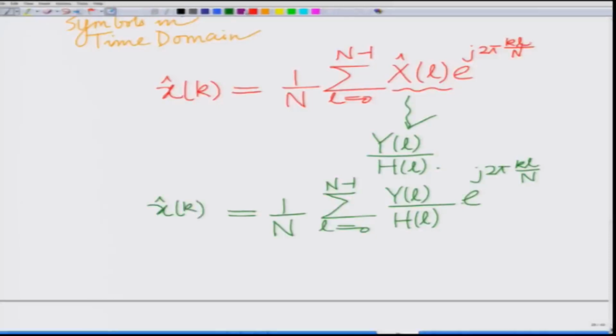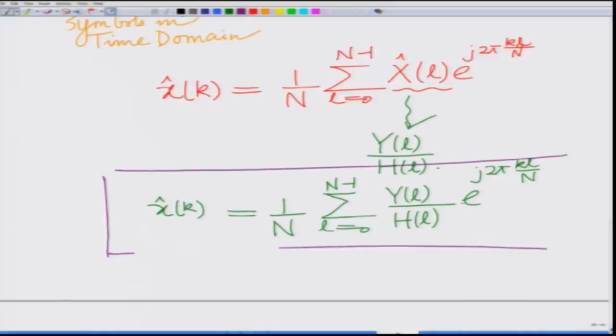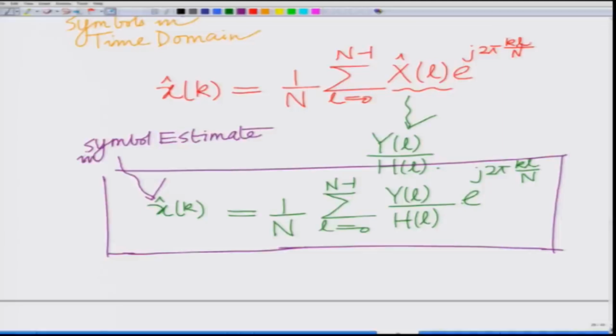This is your x hat of k, and that basically gives you the symbol estimate in the time domain. Okay. So, what we have is the symbol estimate in the time domain.